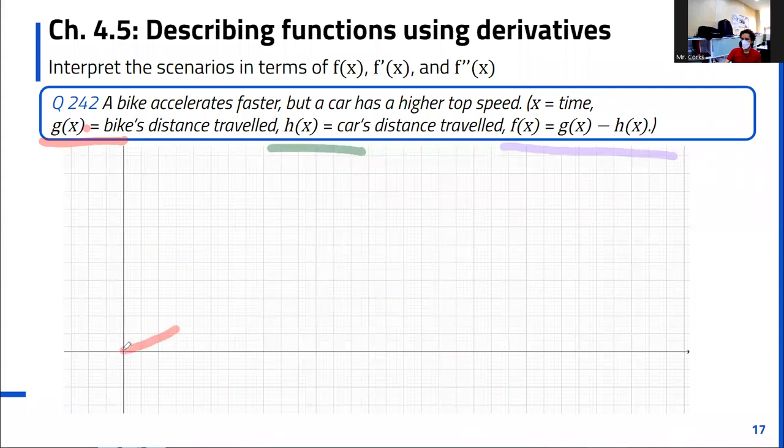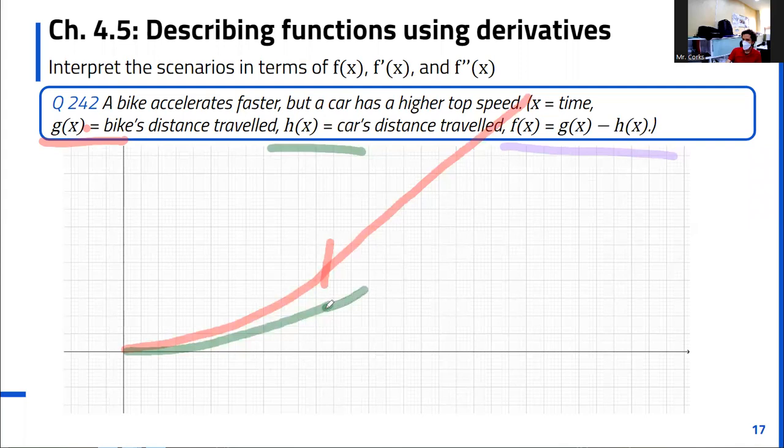So it would look like this, I guess. Let's try again. Okay, and then at some point here, it just stops increasing. It hits its top speed. The car, on the other hand, will have a shallower, more gradual curve.